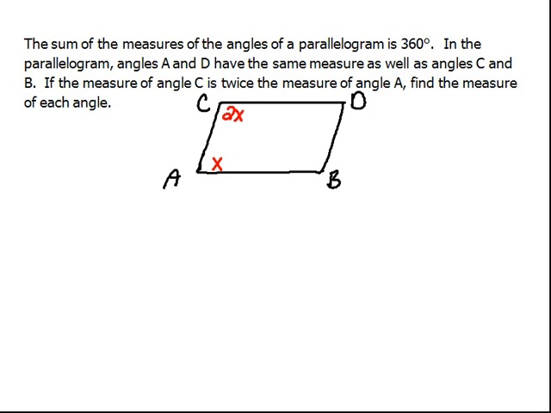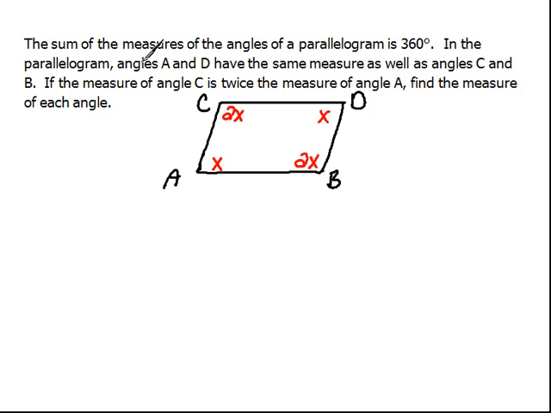That means then the angle C would be 2x. Because this is a parallelogram and some of the angles are equal, D has to be the same as A, and B has to be the same as C.